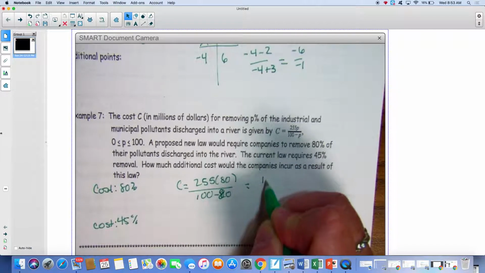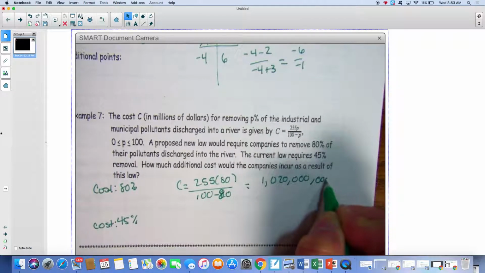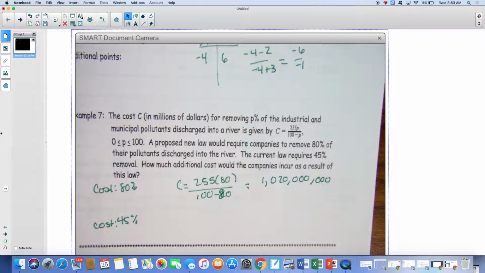And guys, I'm going to truly believe you know how to use your calculator. Okay? But I noticed, I'm looking at this going, 255 times 80 divided by 20 is definitely not going to give me this big a number. It only gives me 1,020. What happened?